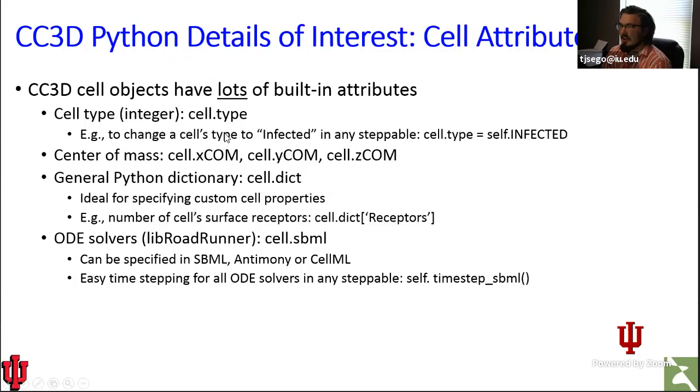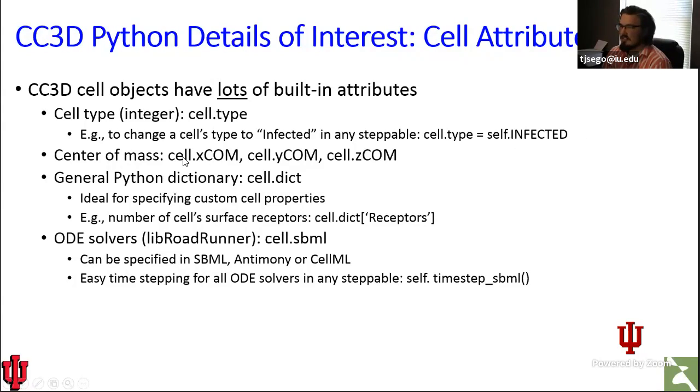So if we wanted to change the type of a particular cell to infected, in a CC3D Python steppable, it's as simple as saying cell.type equals self.INFECTED. And this quite literally just changes the actual cell type of this cell instance to the infected type.